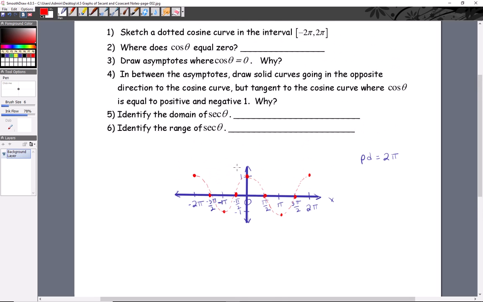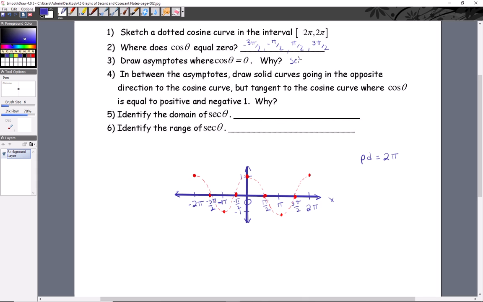And the next step is to go ahead, oh, well, let's just see, where does cosine theta equal 0? Well, it appears to be at negative 3 pi over 2 and negative pi over 2 and positive pi over 2 and positive 3 pi over 2. And it says draw asymptotes where cosine theta equals 0. And it's going to be for the same reason.